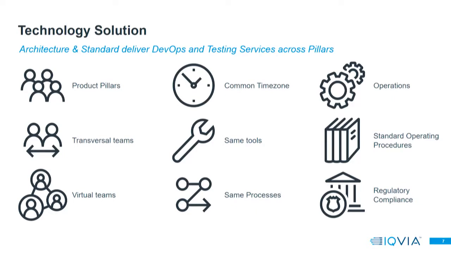The way we are working in delivering or building our product is that we have product pillars, as I said, and transversal teams. In order to implement the agile methodology, we have to have these different teams working together.